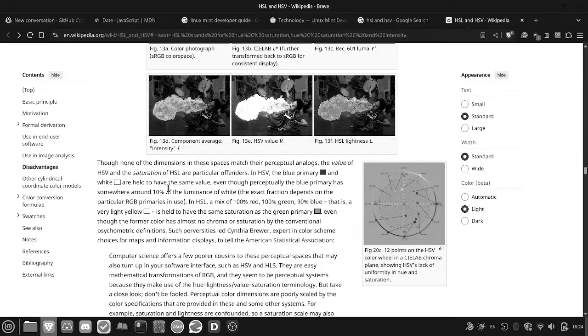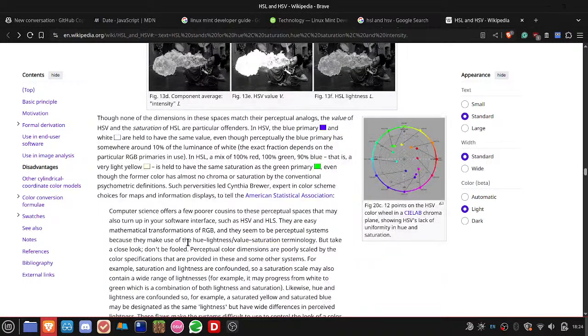In HSL, 100%, 100%, 90%, that is a very light yellow, is held to have the same saturation as a green primary, even though the former color has almost no chroma or saturation by the conventional psychometric techniques. Such perversities led Cynthia Brewer, expert in color scheme choices for maps and information displays, to tell the American Statistical Association.